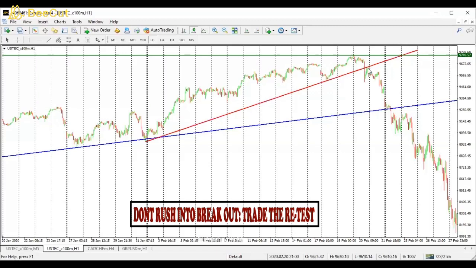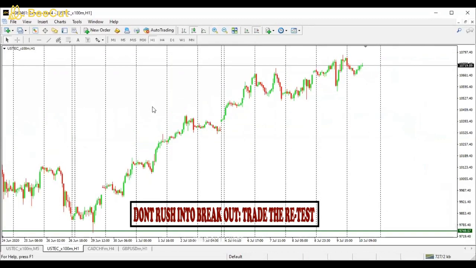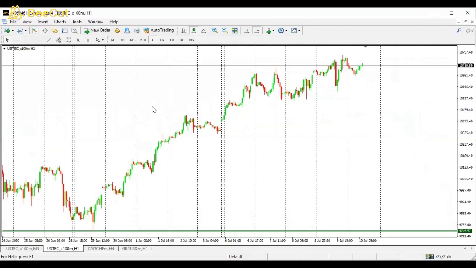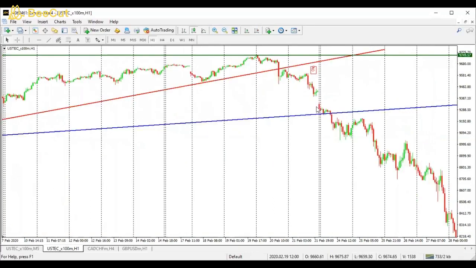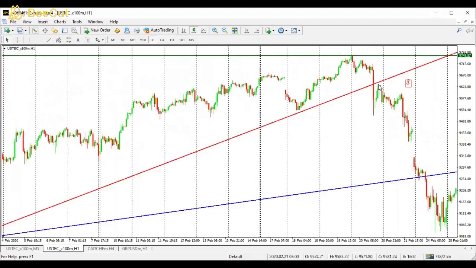Then when Nasdaq rejects at this trend line, by reject we mean Nasdaq forms maybe a tail along that broken trend line. As you can see, I've zoomed in a little, so you can see the candlesticks started forming tails just close to the broken trend line, and that is a signal for us that the bearish, downward movement will continue.